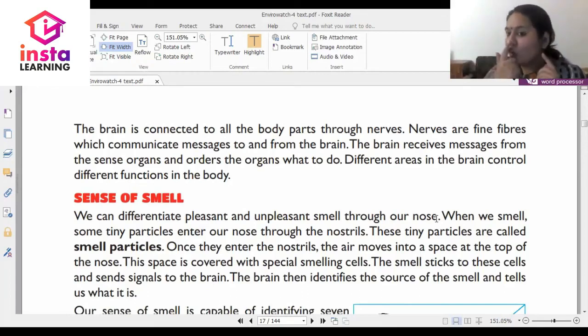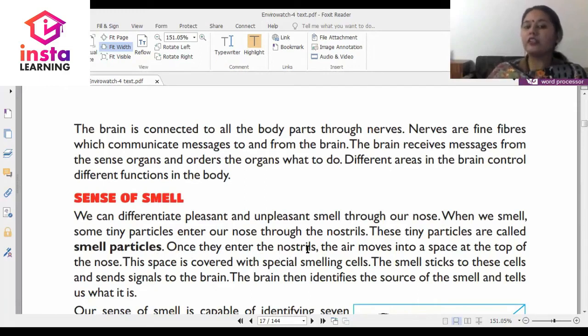It's your nose. When we smell, some tiny particles enter our nose through the nostrils. What are your nostrils? These two openings of your nose are called nostrils. These tiny particles are called smell particles.